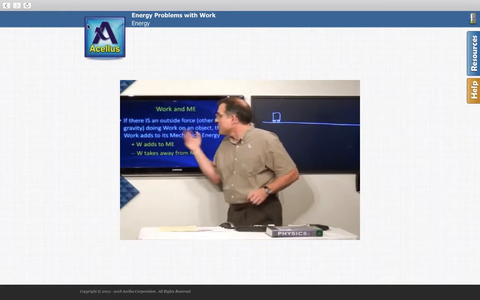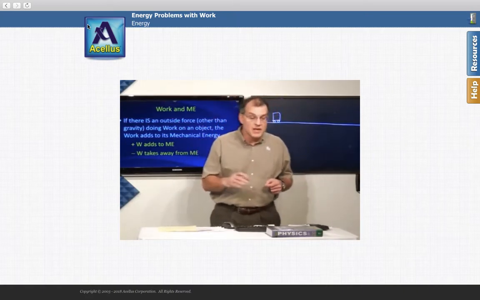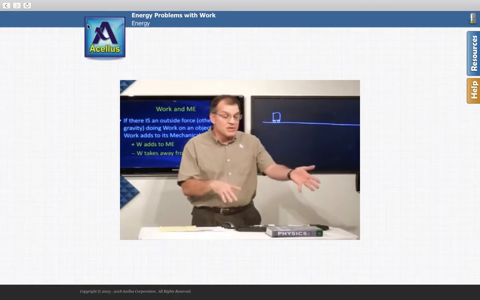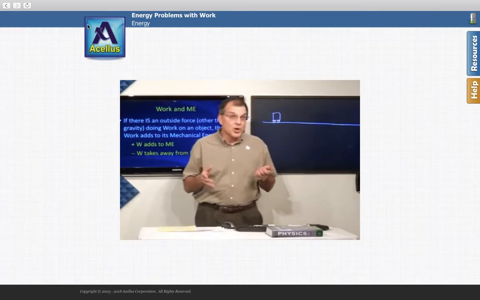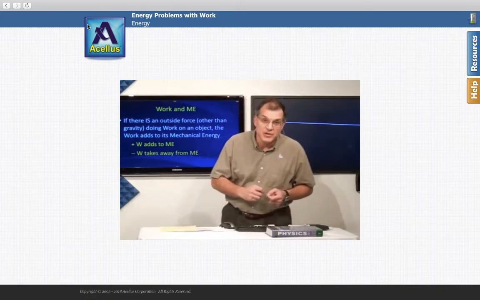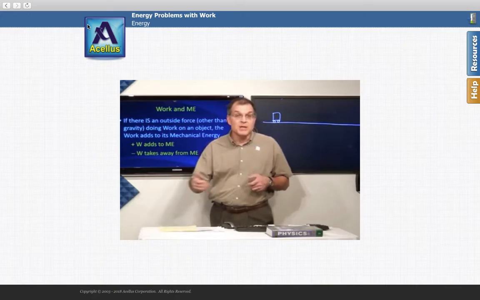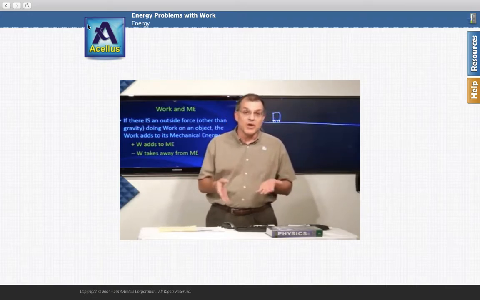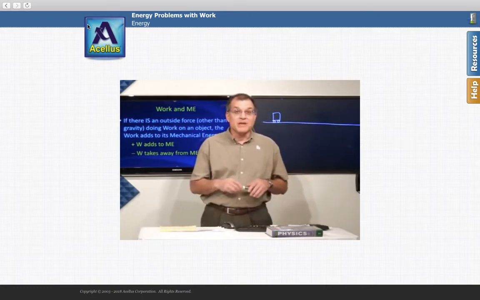If there's an outside force other than gravity that's pulling on the book, trying to speed it up or slow it down, it's doing work. If it does positive work, it will give more energy to the object. If it does negative work, pulling against the motion, then it takes that energy away.